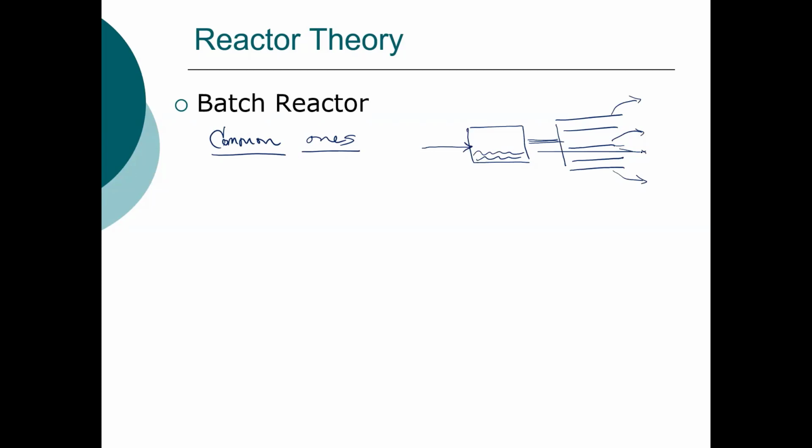We also have an HVAC system. So in an HVAC system, we have, let's say, a furnace. We have outside air. We're going to heat that, and then we may recirculate some of that. So in both cases, we have flow in, we have flow out. So I wouldn't consider that a batch reactor because we have flow in and we have flow out.